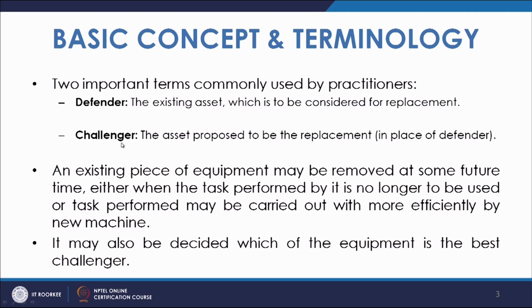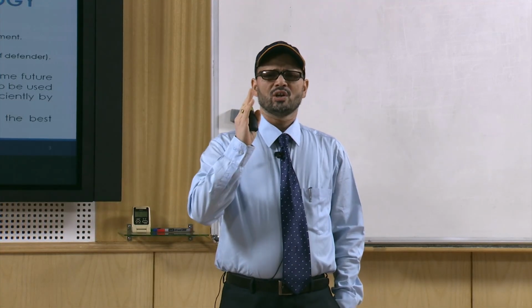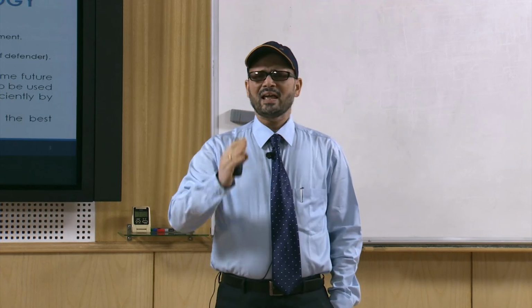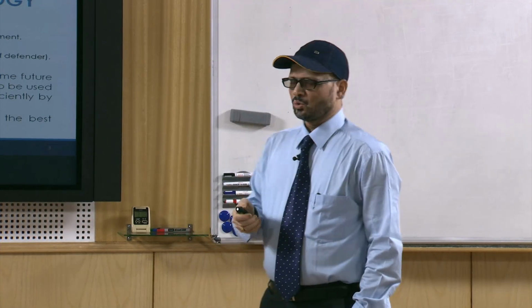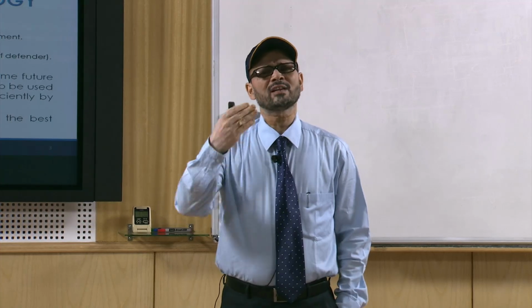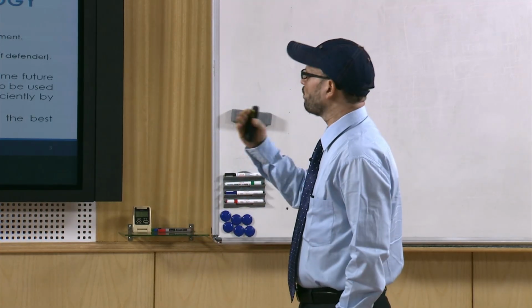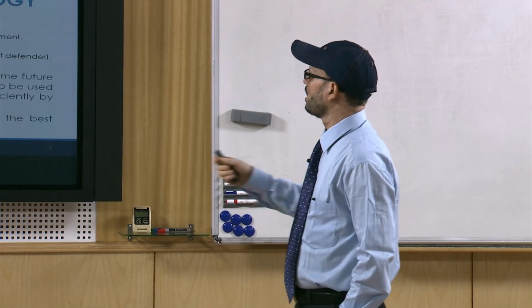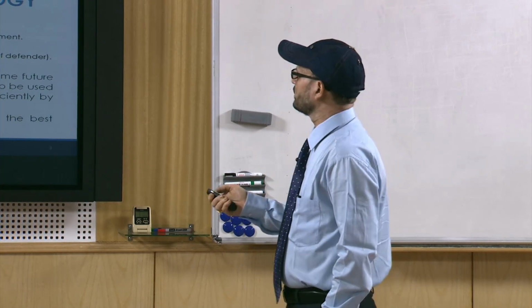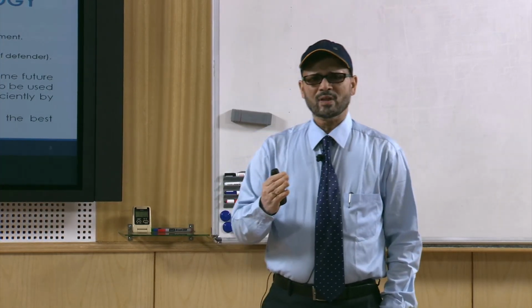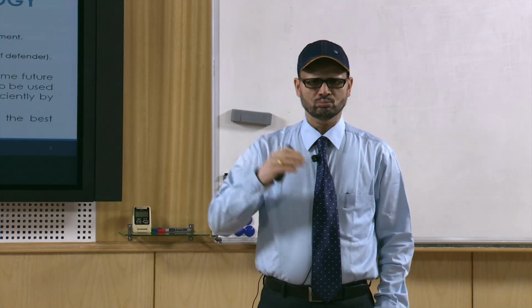So, basically you have an old machine and you have a new machine. The old machine, which is supposed to be replaced, is known as defender, because it is existing and it has to defend its value.